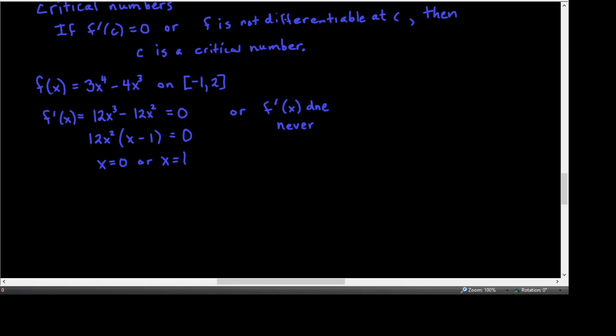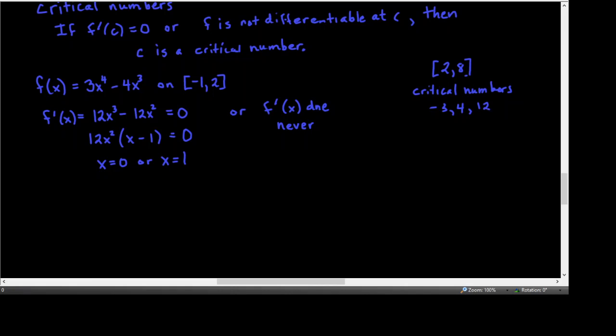But if I had had, for example, an interval that went from, say, 2 to 8, and I got critical numbers that were negative 3, 4, and 12.